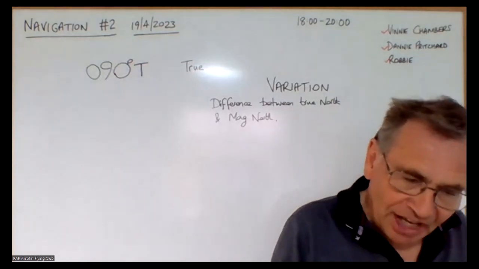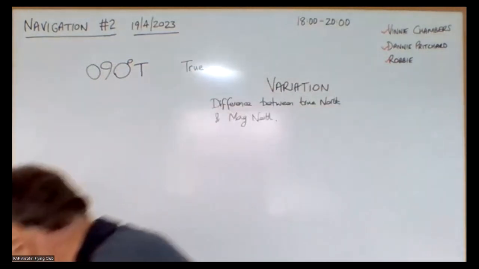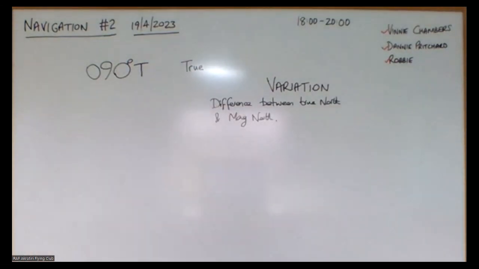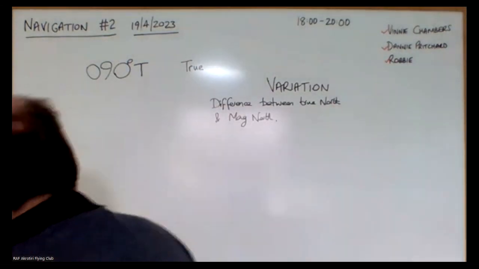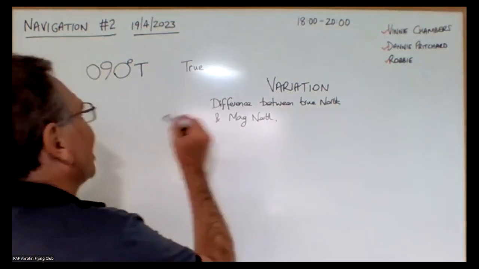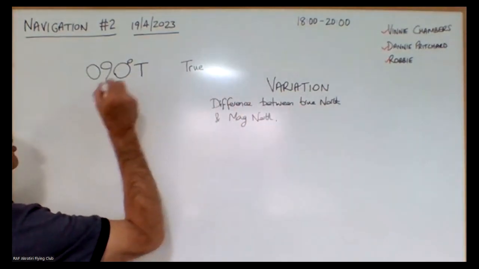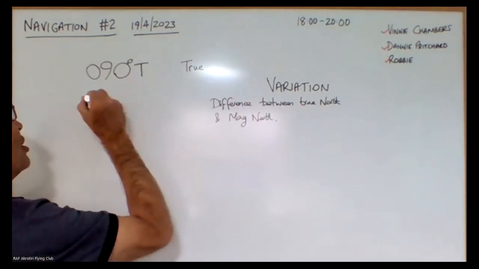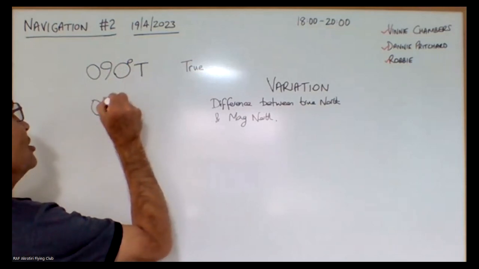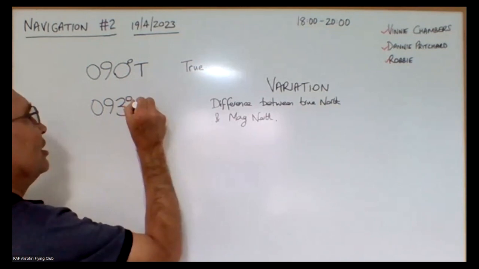And if I could find out that the variation for where we were in the world at that particular time was, say, 3 degrees, then that means that our 090 degrees true might in reality be 093 degrees magnetic.